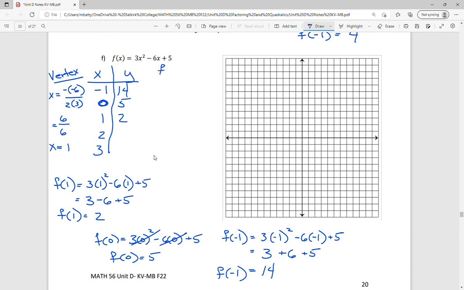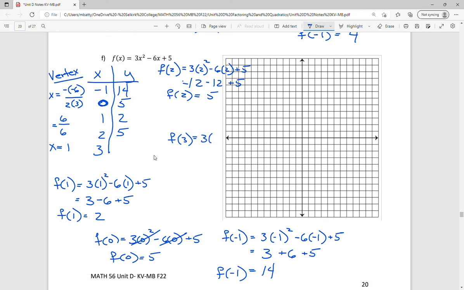I can also go the distance here. I could figure out F at 2. 3 times 2 squared minus 6 times 2 plus 5. I'd have 12 minus 12 plus 5, or F at 2, this is checking out, is 5. It's good because it's symmetrical, right? And the last one here to do F at 3.